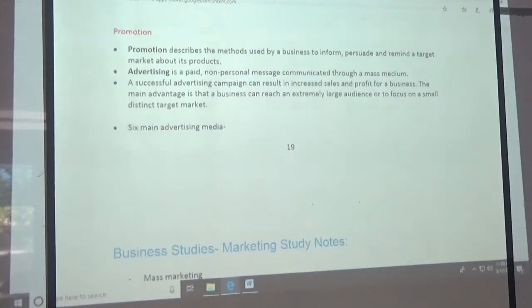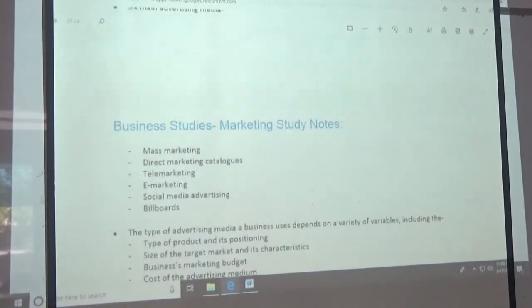Okay, six main advertising media. You need to know which media your customers are using. Mass market media is what's included in the book on page 60: print, television, and radio. These media are funded through advertising.